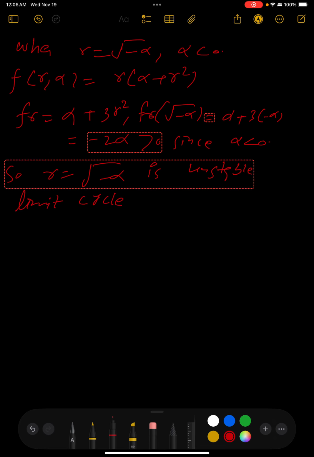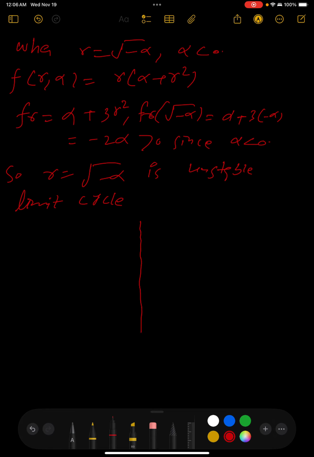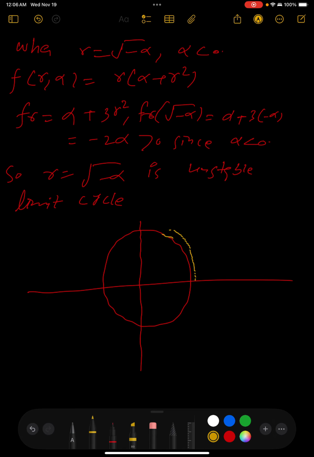Okay, this means that, suppose this is my unstable limit cycle, r equal to the square root of minus alpha. We know that in polar coordinates this represents a circle. So it means it is unstable. It means if we start very close to the boundary from outside, we will move away from it.